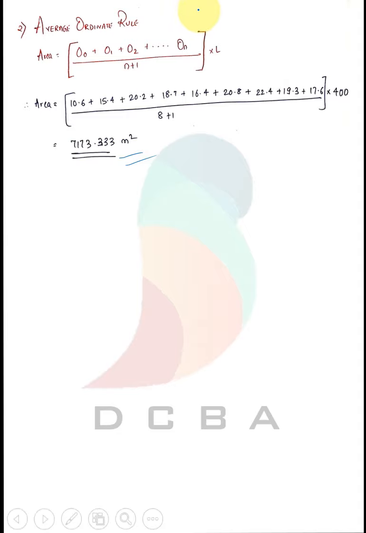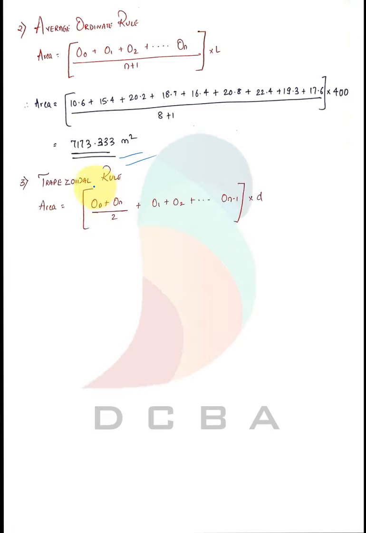Next is the trapezoidal rule. The derivation we had done in the classroom, and the area is given as the average of the first and last ordinate plus all other ordinates, multiplied by the interval between the two ordinates. Now the interval in our case is 50, right? Because 100, then 150, 200. This is how the progression is occurring, so the difference between these two is 50.